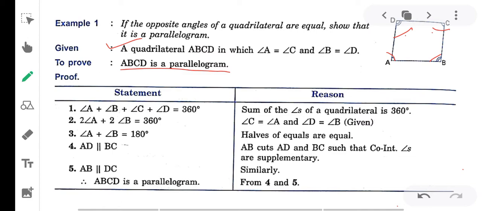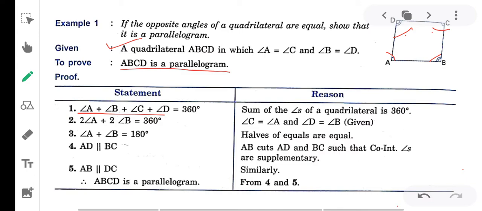Now coming to the proof, we all know that the sum of the angles of a quadrilateral is 360, right? So we can write angle A plus angle B plus angle C plus angle D equals 360 degrees. That is the angle sum property of a quadrilateral.